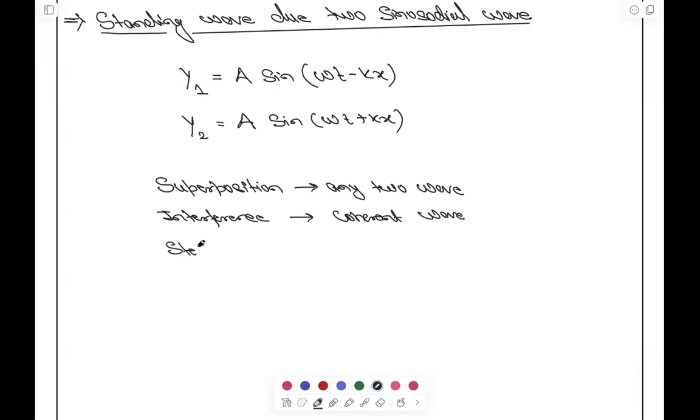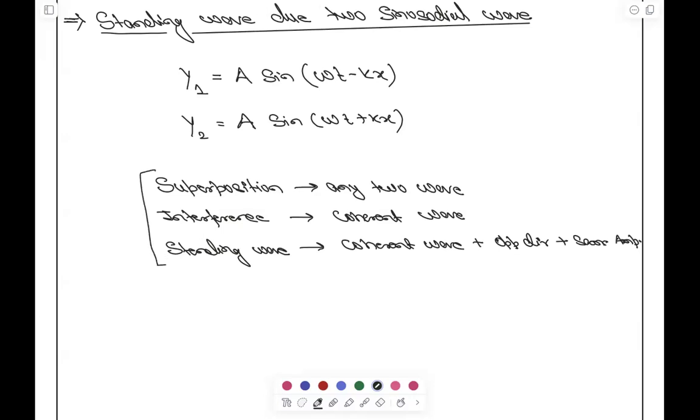If we have to have a standing wave, then three conditions: coherent waves, opposite direction, and same amplitude. All these conditions need to be true.